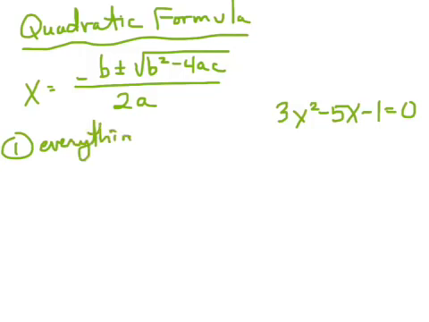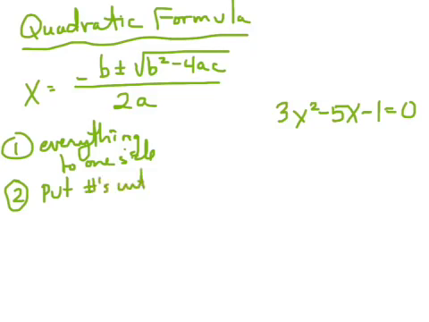Everything to one side, which it is. If it wasn't, I would move it over by adding or subtracting. Second thing they're going to do is put numbers into their spots and simplify.